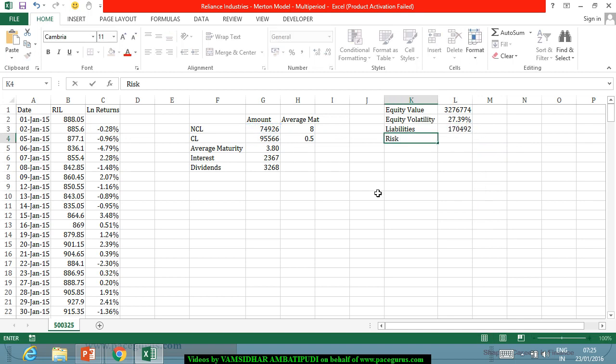I'll assume a risk-free rate of 7.25%, which I'm taking as the 1-year treasury bill rate. The time horizon, let me call it, I can take as the average maturity period that I have got, so I'll take it as 3.8.